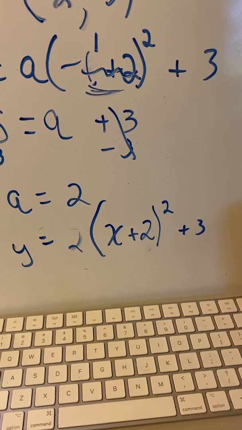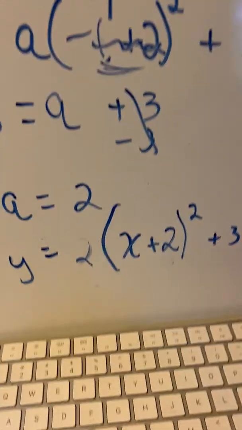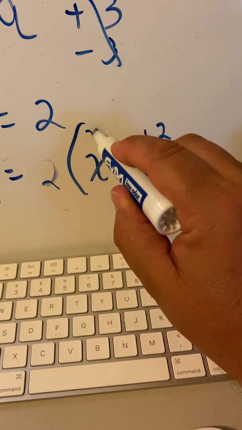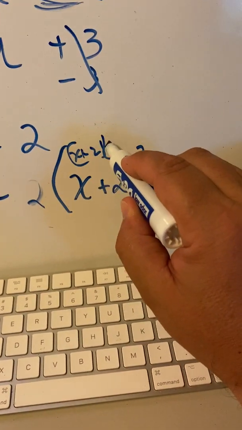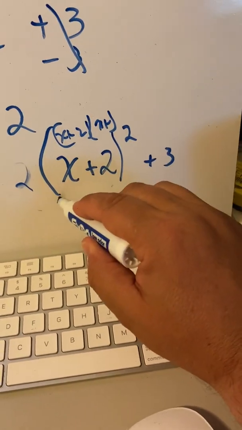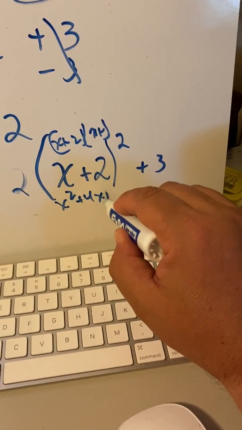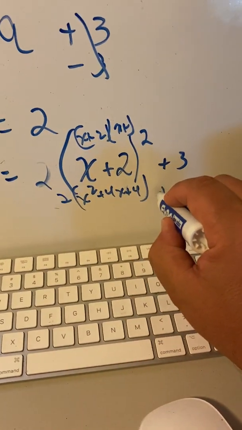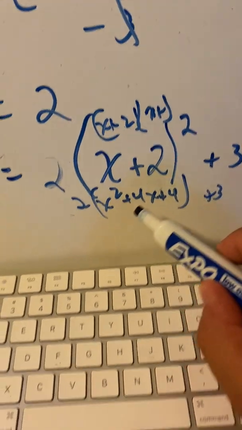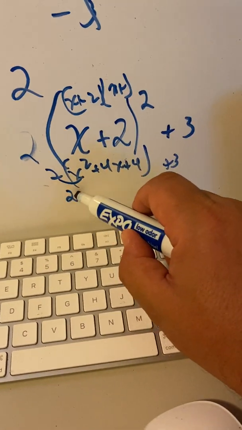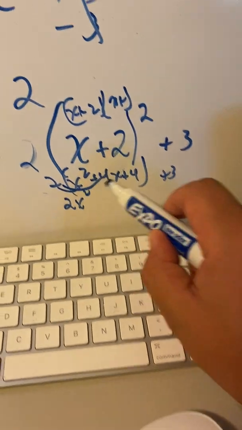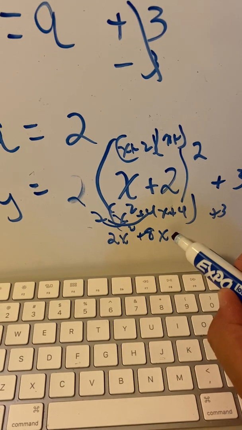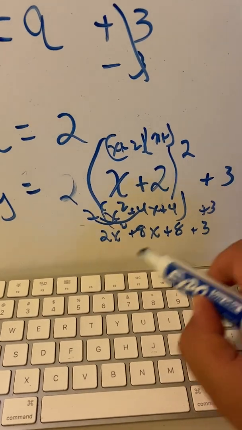All of this work has now gotten us to a point where we can just do the FOIL method. X plus 2 times x plus 2 is x squared plus 4x plus 4, all times 2, plus 3. So we've got to distribute the 2. 2 times x squared is 2x squared. 2 times 4x is a positive 8x. 2 times 4 is a positive 8, plus 3.